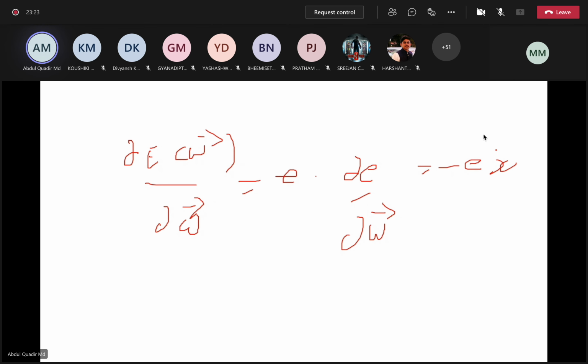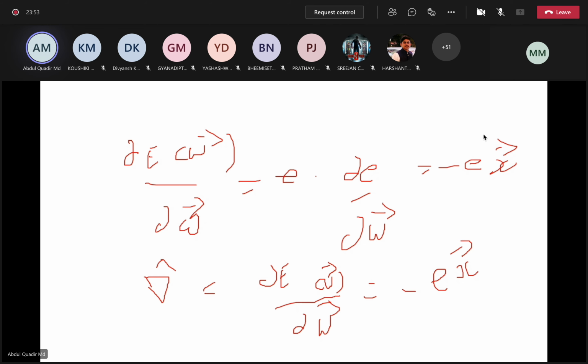This is what we have written, right? So we are using the cap to denote the gradient approximate. So I can write this as dou E by dou W vector, with a cap, equal to minus of Ex.